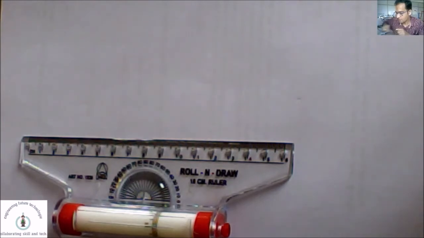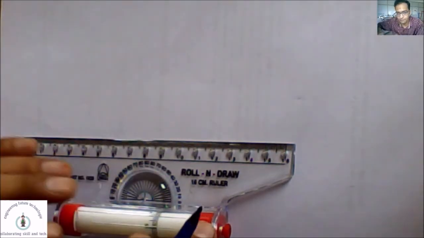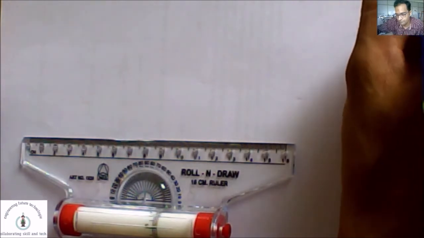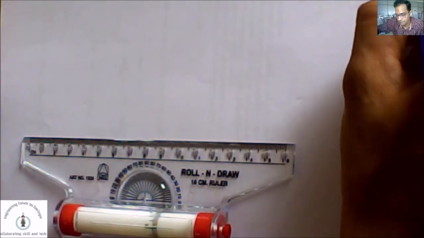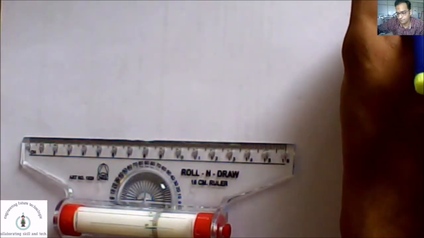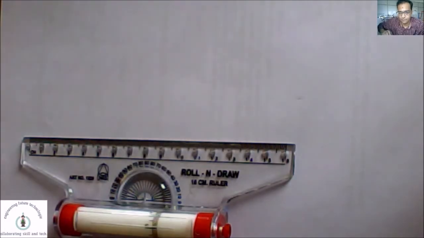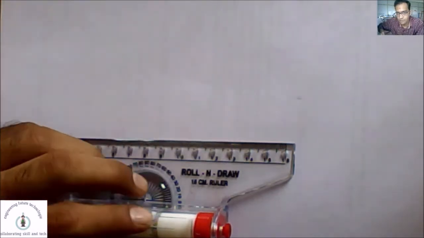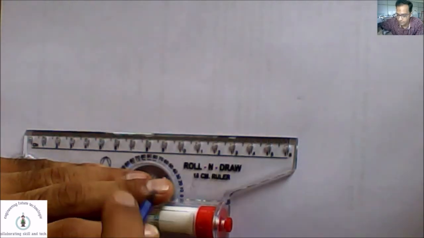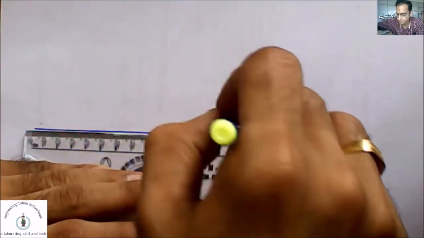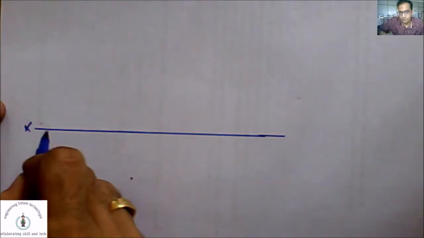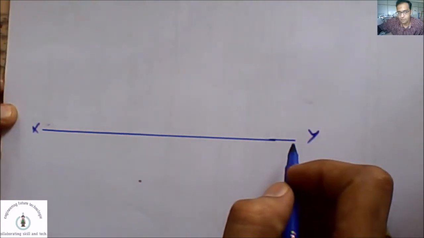So let's start drafting that problem. We'll first draft a reference line, we'll be noting xy as a reference over here.